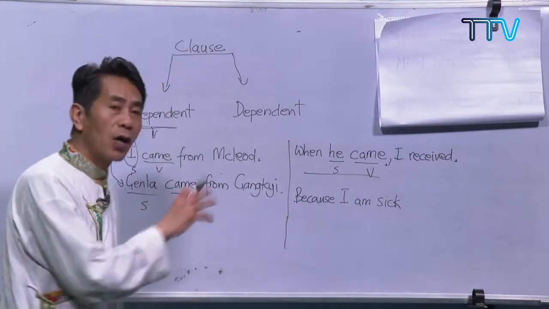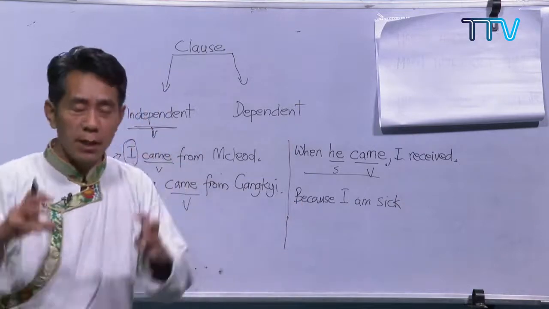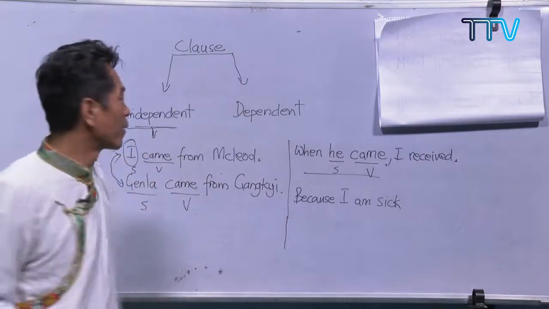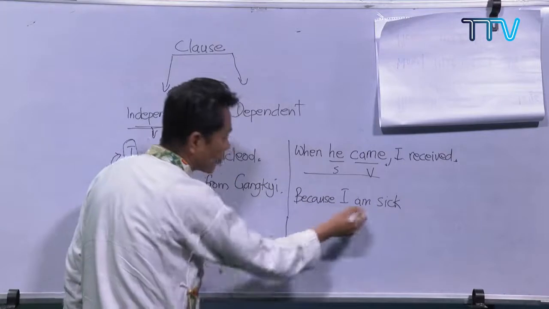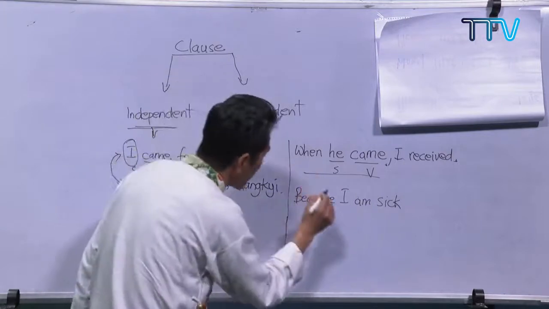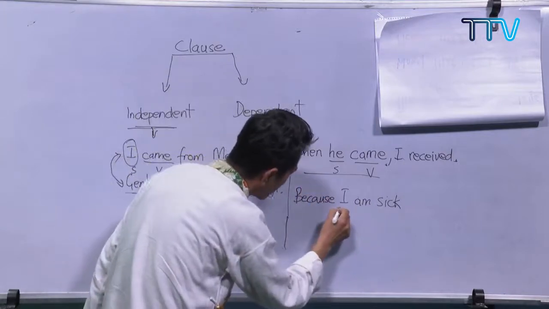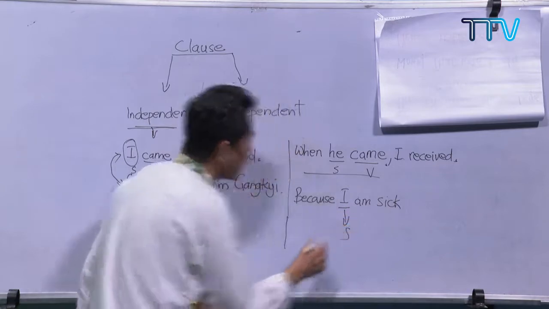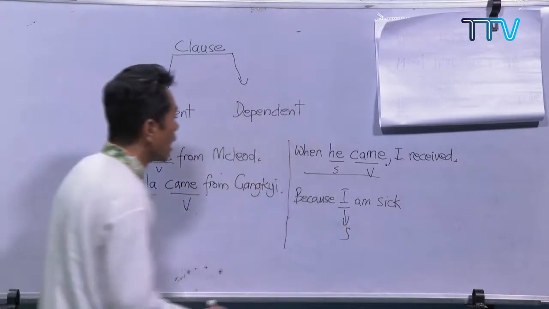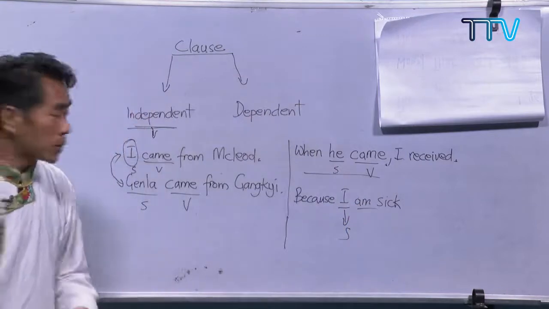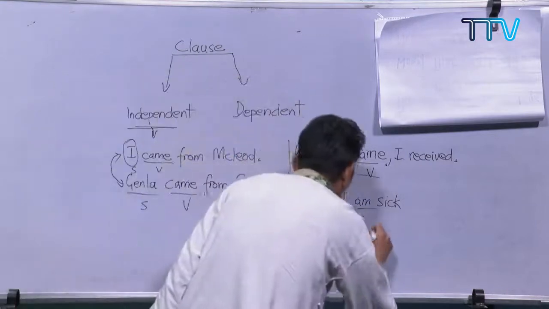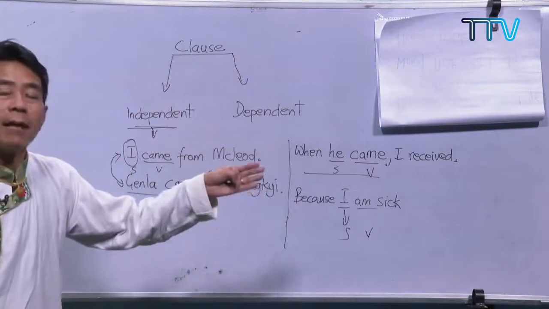Why? Because a clause is a group of words. There should be a subject. I is the subject. And "am" is the verb; there are different types of verbs. So we have the subject and the verb.